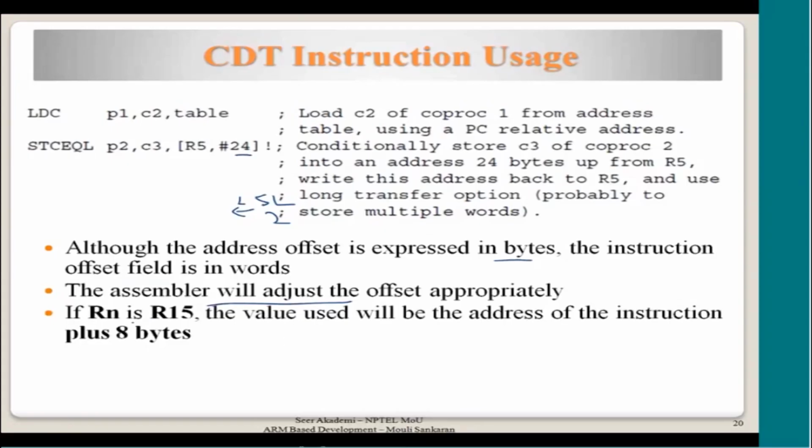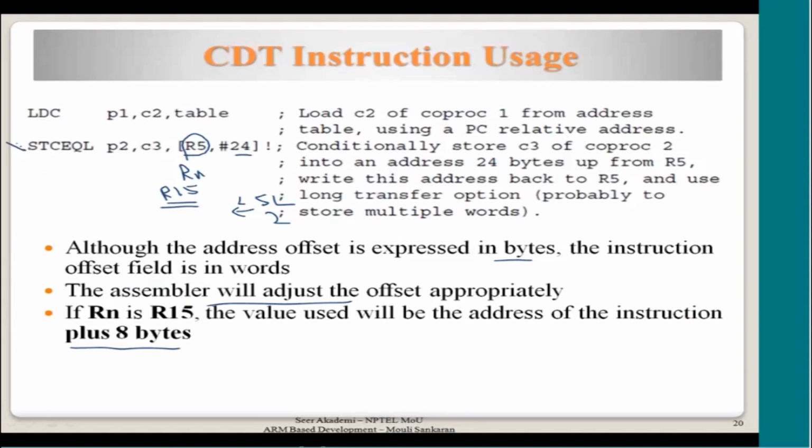Now there is one specialty here. If Rn is R15, the value used will be the address of the instruction plus 8 bytes. Now let me explain this. Suppose by chance we are writing Rn as R15, then we should know which R15 value is used. It is whatever the PC is here.